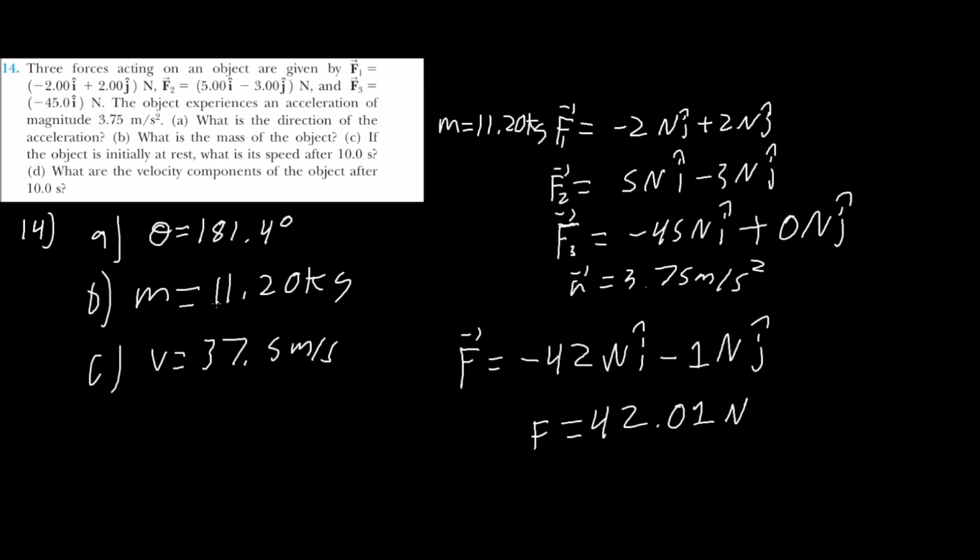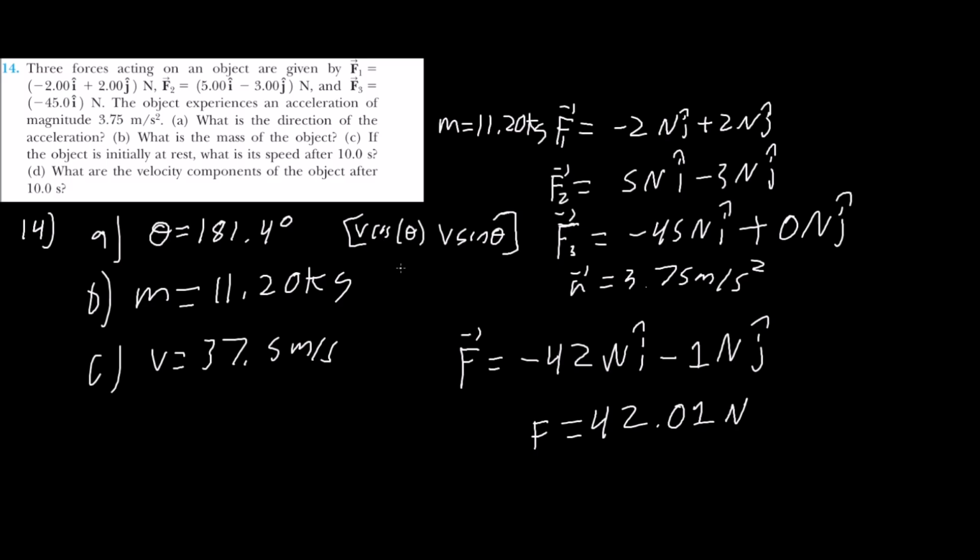Beautiful. What are the velocity components after 10 seconds? Well, that's pretty straightforward, because didn't we just solve for the speed of that thing? So isn't it v cosine of theta and v sine of theta? And this is the notation that I like to put myself into.